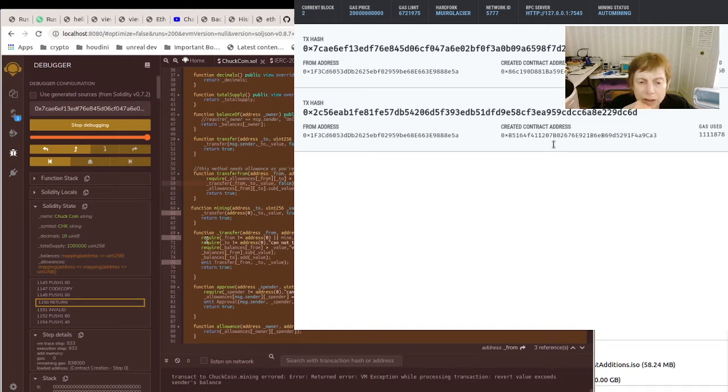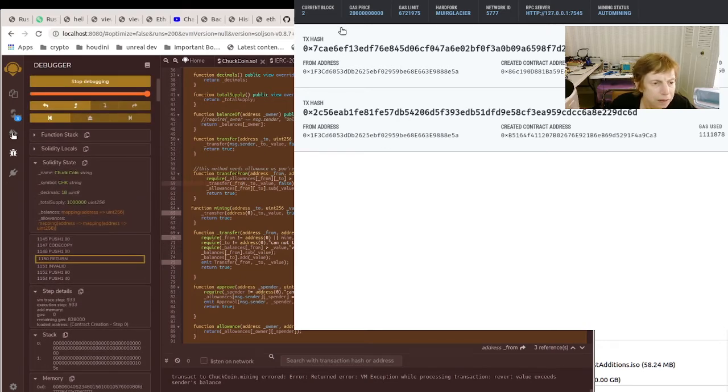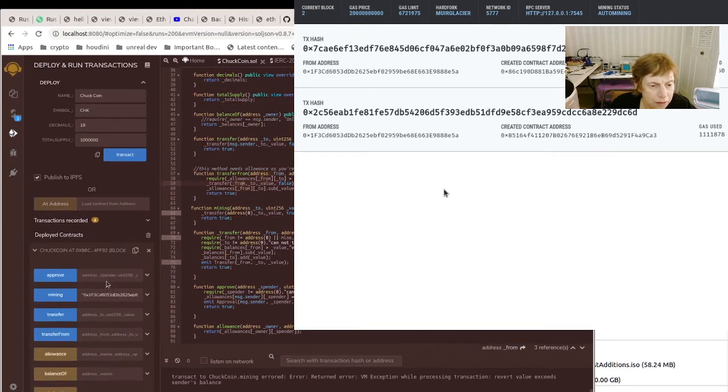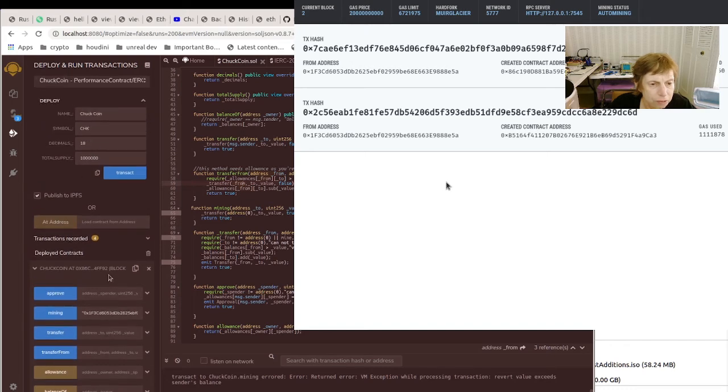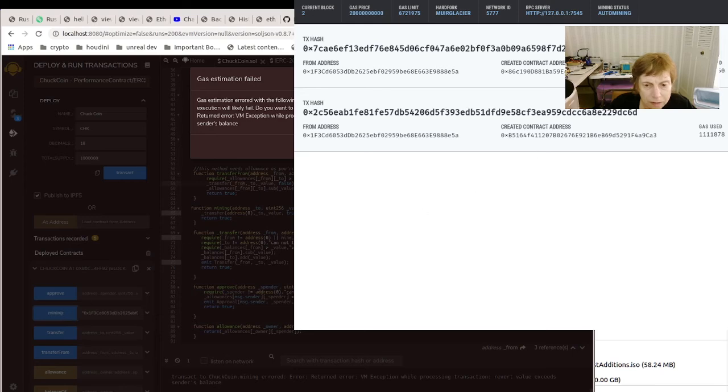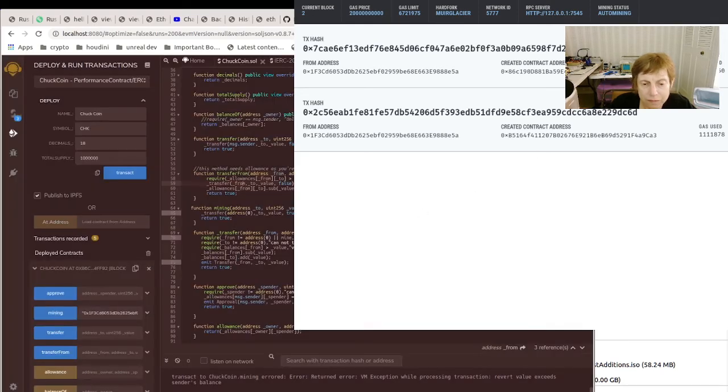And mining is. I'm going to put a breakpoint here, and let's go back here and try it. Let it go through and send transaction.